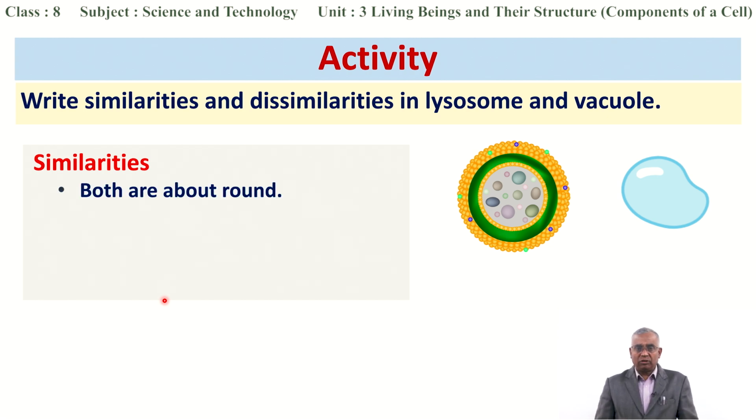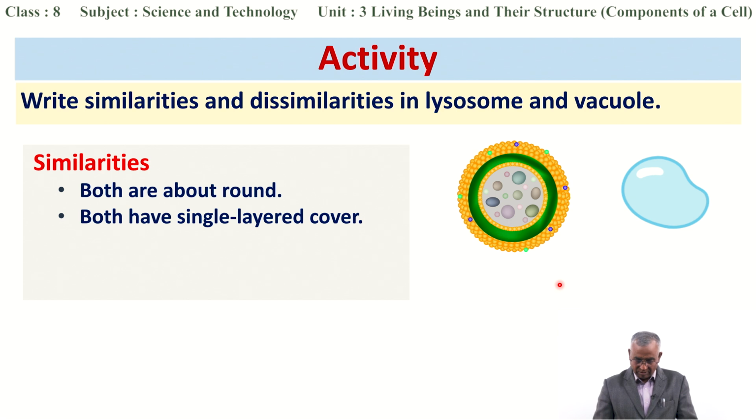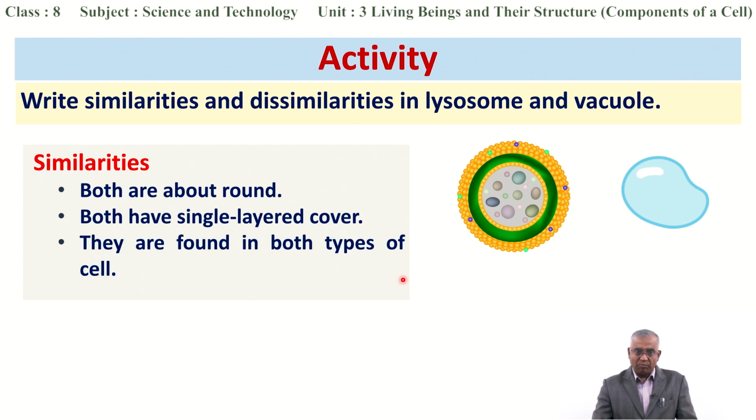Both are about round. Yes, both have a single layered cover. They are found in both types of cells. Both are present in animal cells as well as in plant cells.